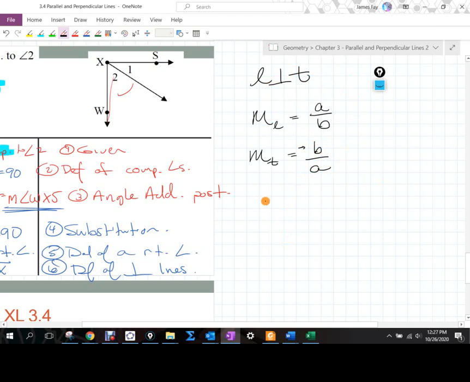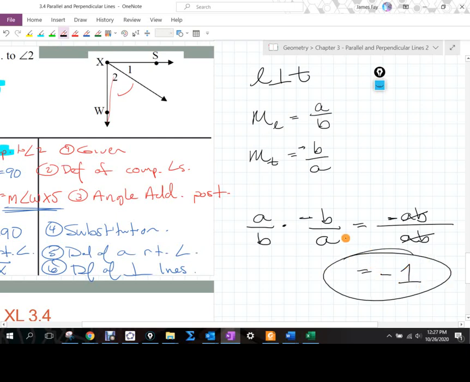What do I get if I multiply A over B, the slope of line L, times the slope of line T? A times B gives me AB, right? I'm going to move the negative out front. B times A, can I rewrite that as AB as well? What's AB divided by AB? What's something divided by itself? Close. 1, right? So I get a -1.